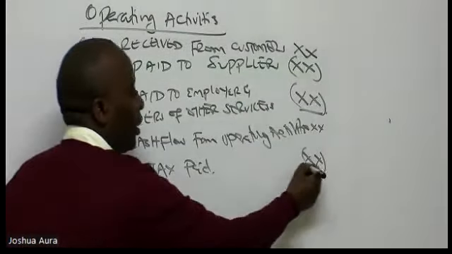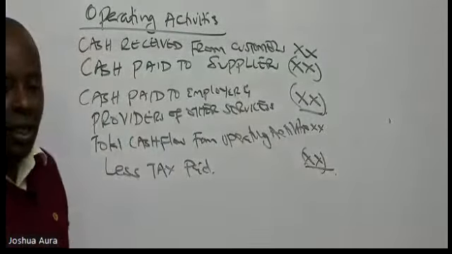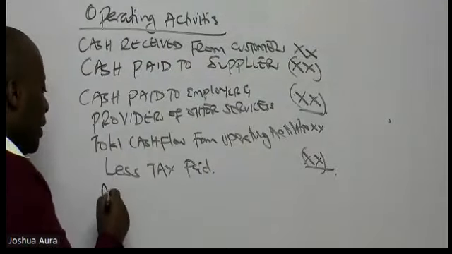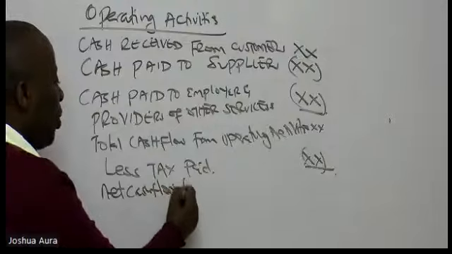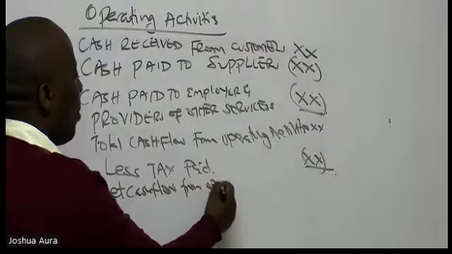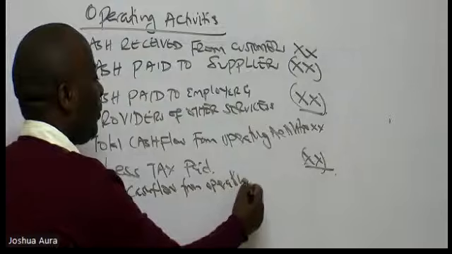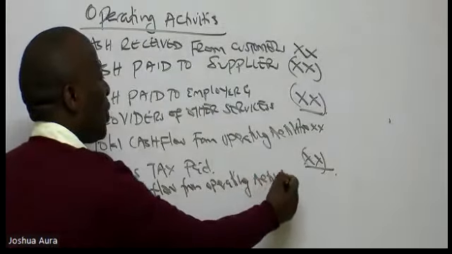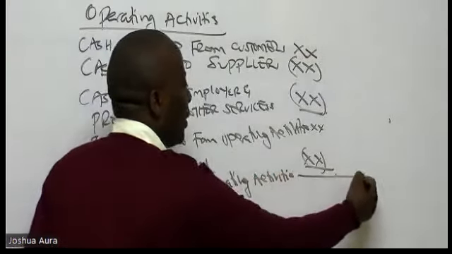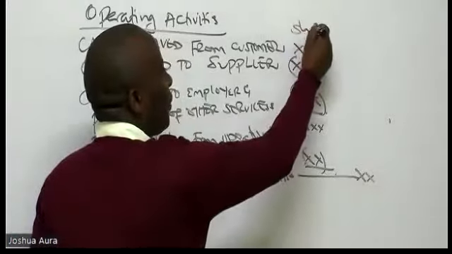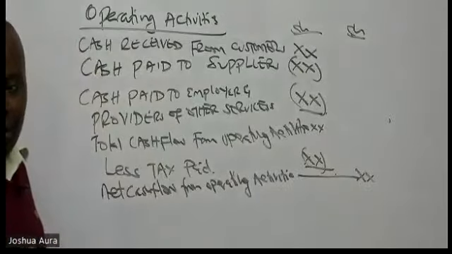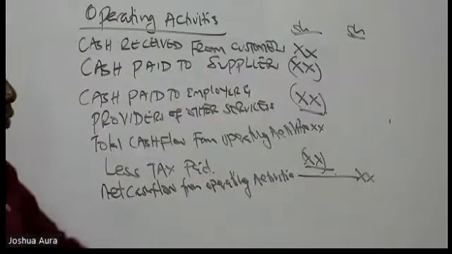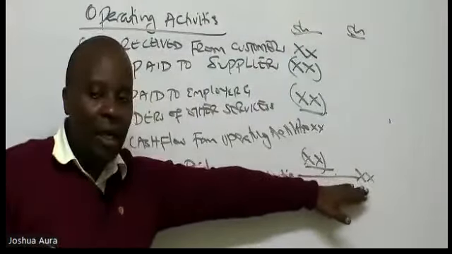Out of this subtraction, the net amount we shall get, we call the net cash flow from operating activities, which we transfer to this other column. Remember, here we have shillings. So the net cash flow from operating activities, we take here.